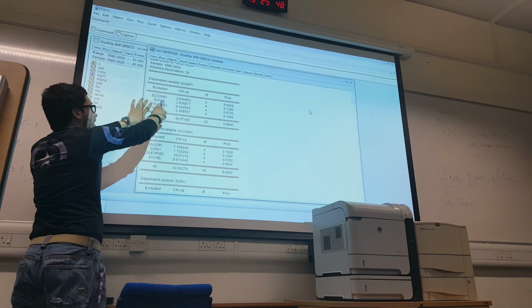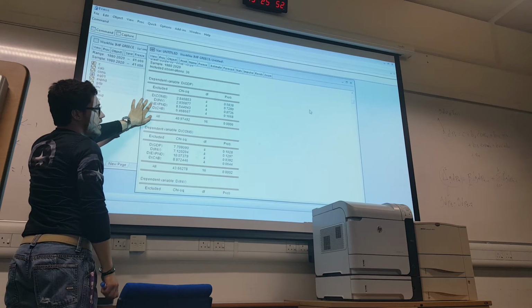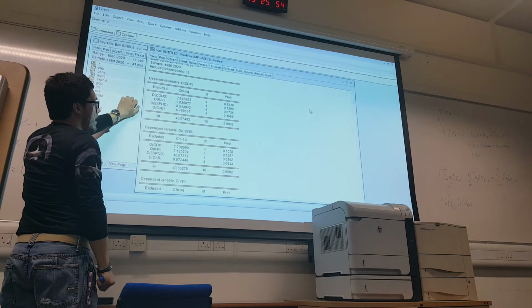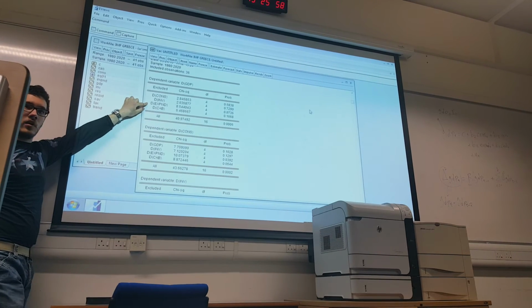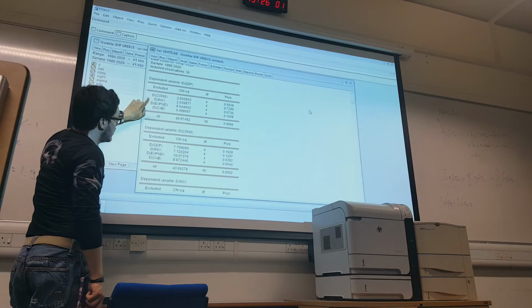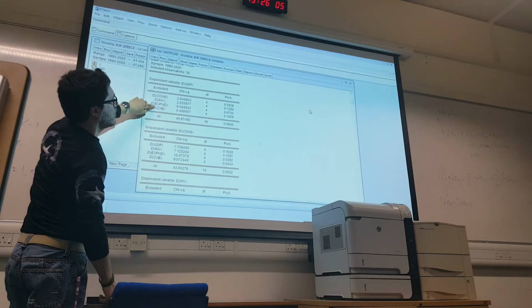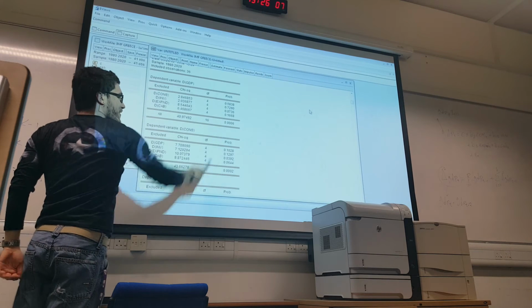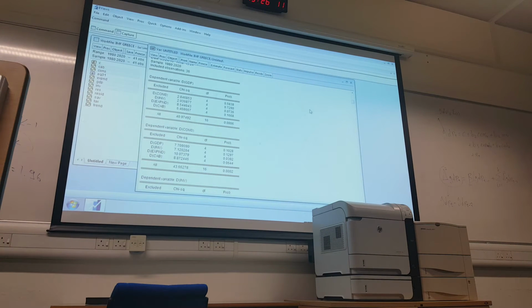Is Granger causality running from investment to GDP? The answer is no, once again because it's above 0.05. The same for expenditure, because it's equal to 0.07. But the probability of current account balance, once again, I thought it was 0.01, but it's 0.16. Once again, it's insignificant.